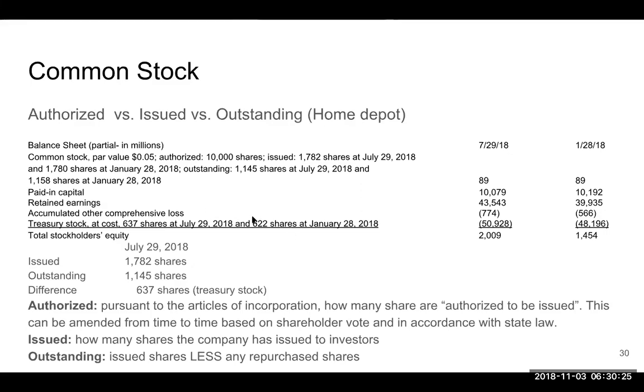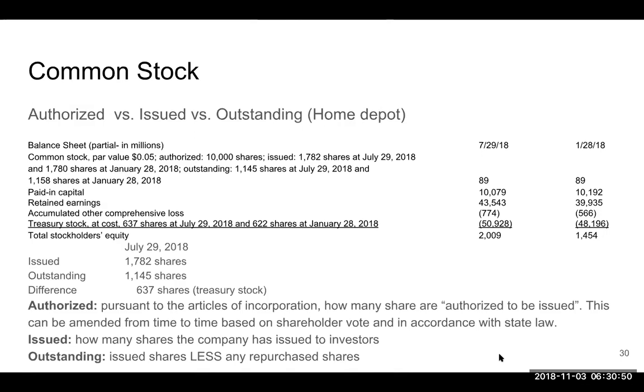So as a company starts, they're not necessarily going to be at 10 billion, but they could get there. And how do they do it? There's going to be an initial amount of what we call authorized shares, or how many shares this particular corporation is authorized to issue. And the company can increase the amount of authorized shares whenever it wants to do so.